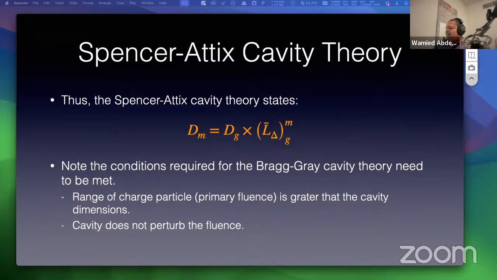And the other condition is that the presence of the cavity does not perturb the fluence, meaning that the fluence when the cavity is removed will be the same, will not be changed. So the cavity does not perturb the fluence of the charged particles.